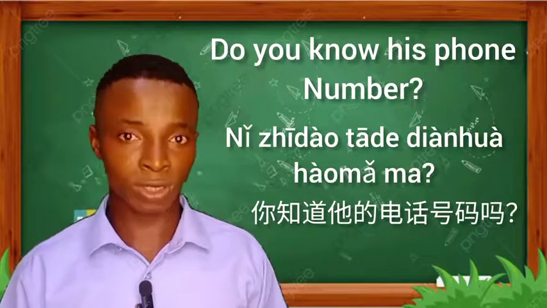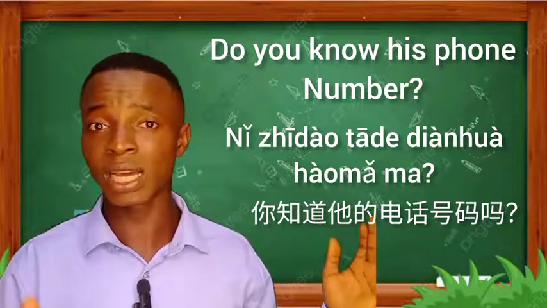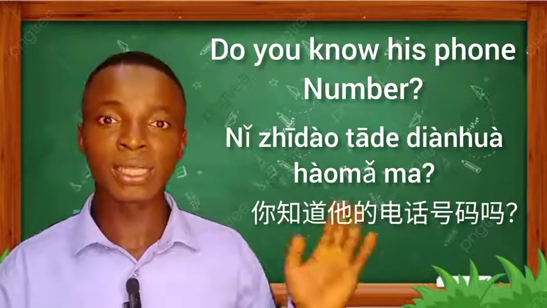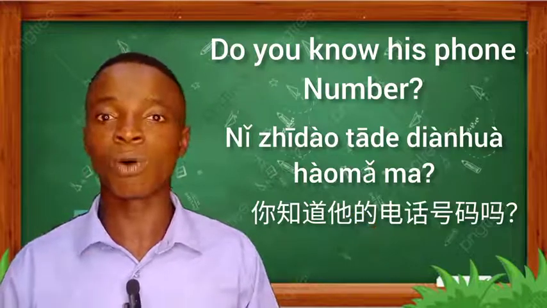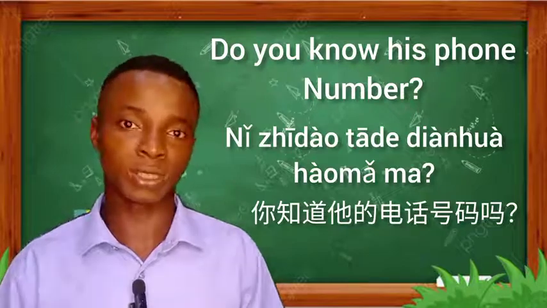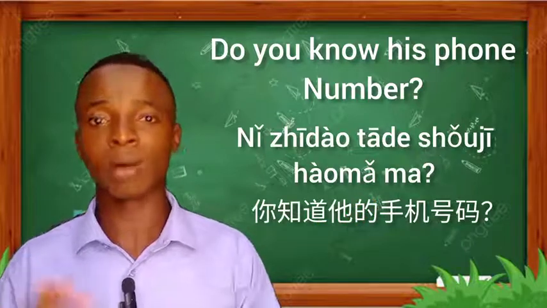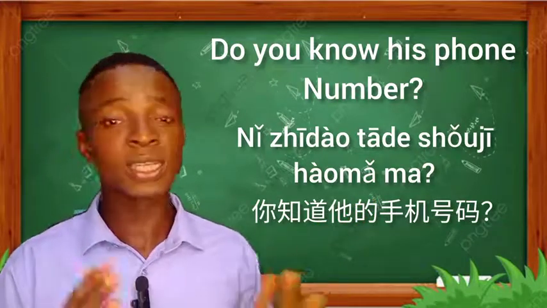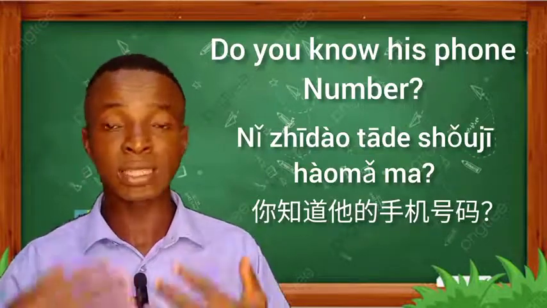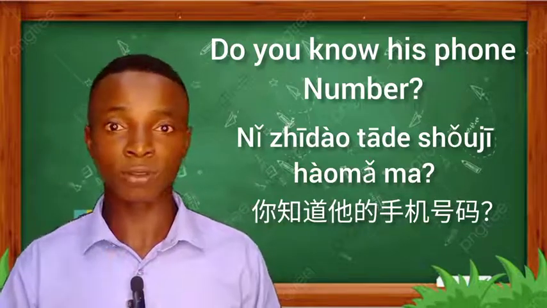Asking the question, we have 你知道他的电话号码吗？ Or you can change the question this way: 你知道他的手机号码吗？ Do you know his phone number or do you know his mobile number? 手机 is the mobile phone.